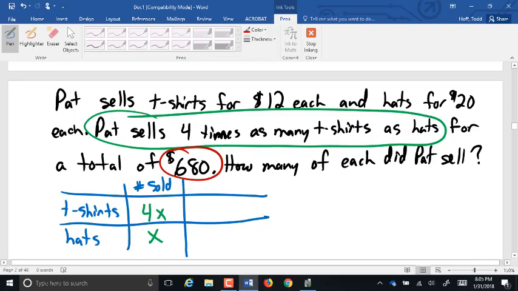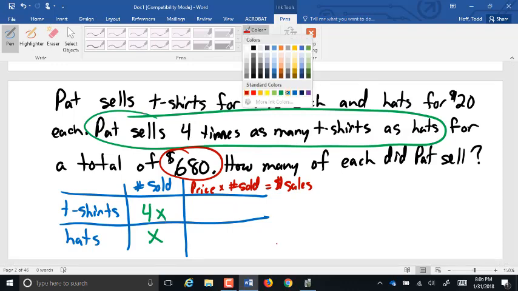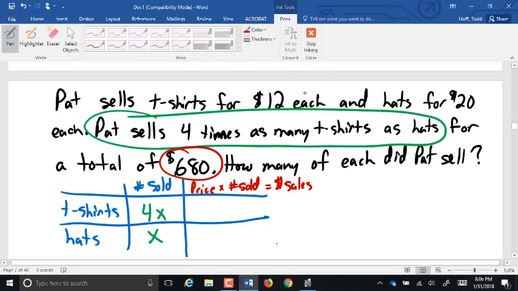So we have to convert those numbers, the numbers sold, into dollars. Now, in a previous problem, we had that dollar sales or revenue is equal to the price times the number sold. That equals our dollar sales or our revenue. So the dollar sales for t-shirts is the price times the number sold. Well, what's the price? $12 for t-shirts.